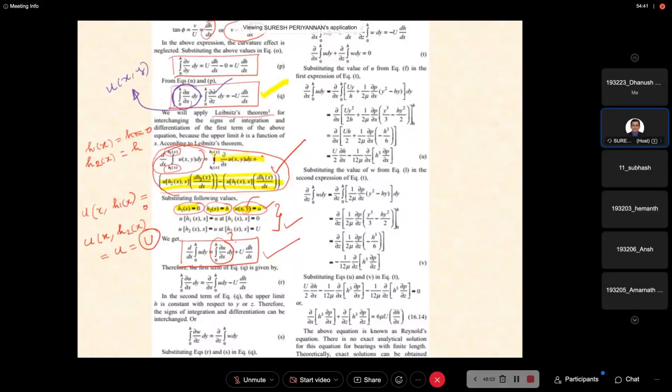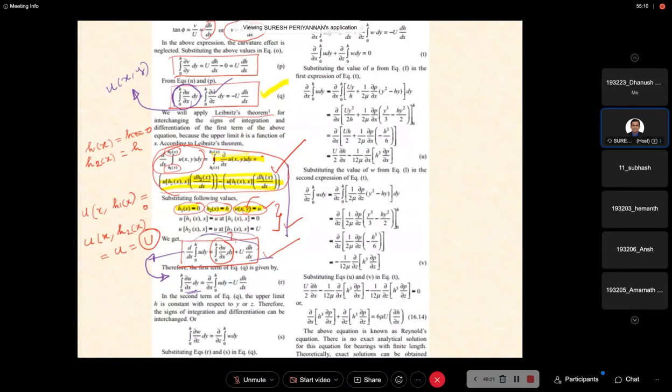Leibniz theorem here. Now when we are solving the Leibniz concept, from that concept we are able to obtain dou u by dou x into dy from this equation. Simplify this equation: the integral 0 to h of dou u by dou x into dy. Then take this term to the right hand side.